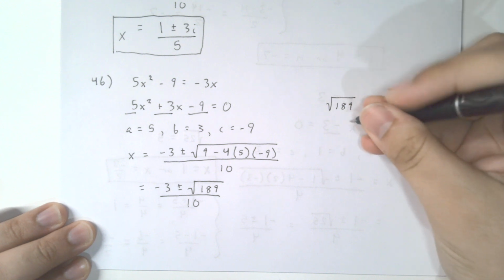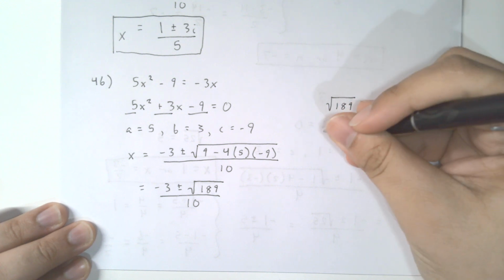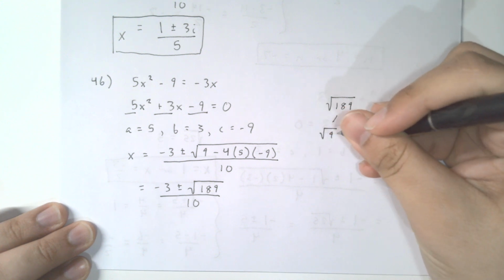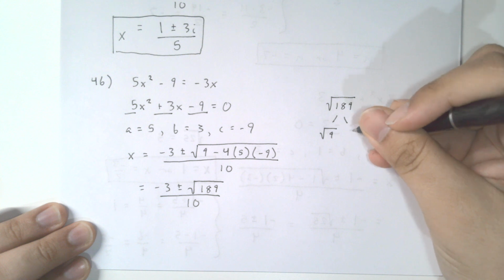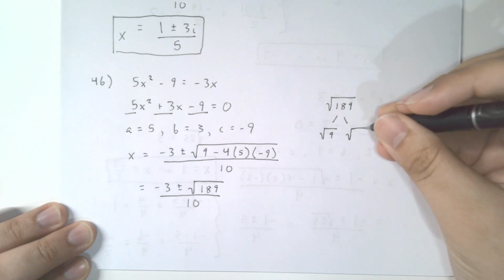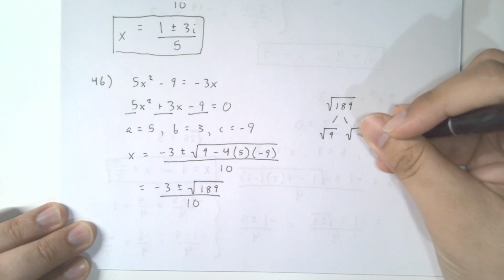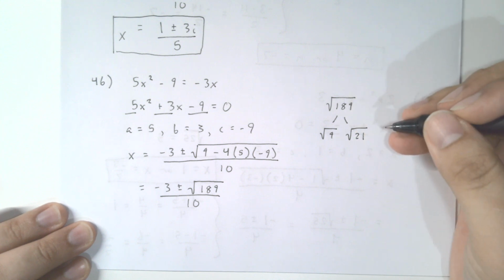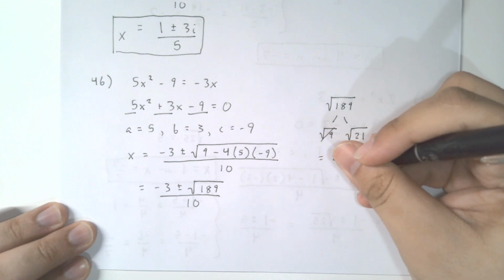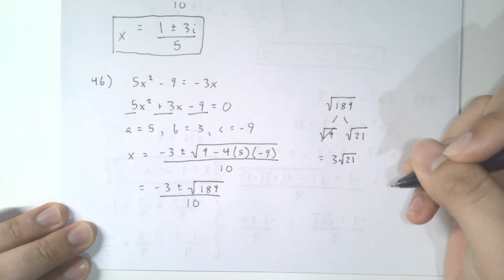And it turns out we can. The biggest perfect square that 189 is divisible by is 9. If we do 189 divided by 9, that's going to be 21. So the square root of 9 is 3, and this is equal to 3 square root of 21.